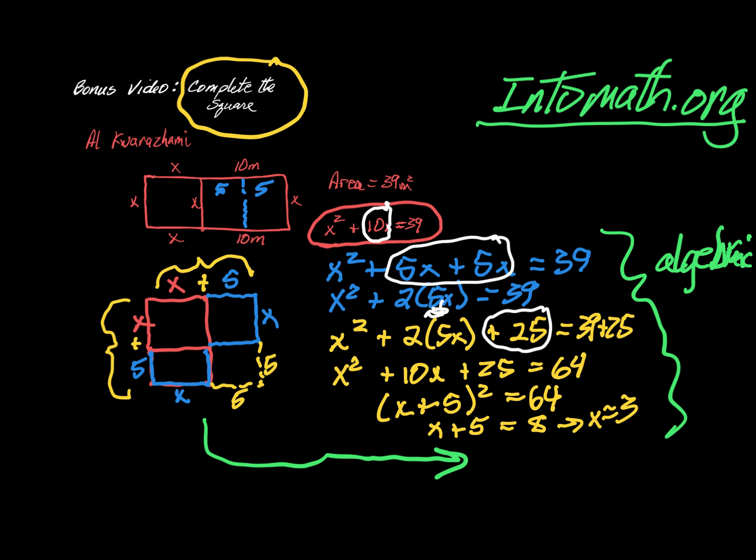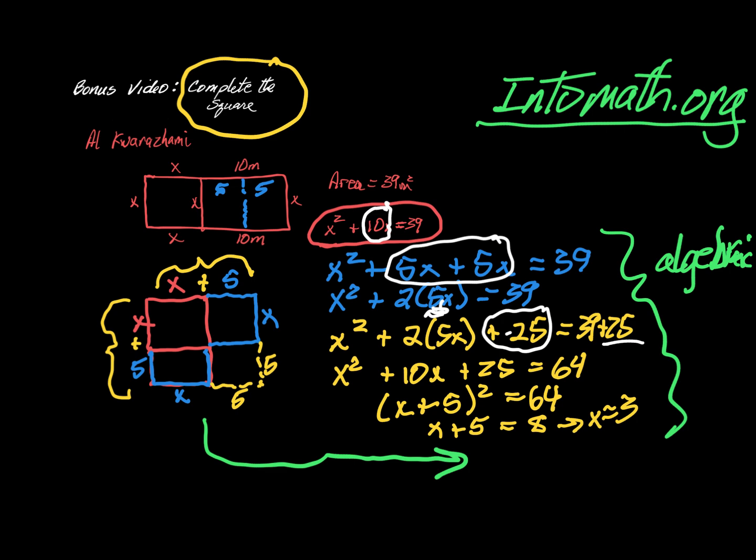When we divided the 10x in half, we took that number and squared it, and we added it to both sides of our equation. So that's a procedure. Once we did that, we looked for the perfect square factors, and then took the square root of both sides and solved the problem.